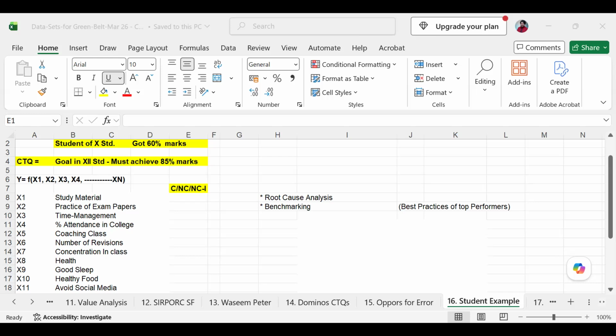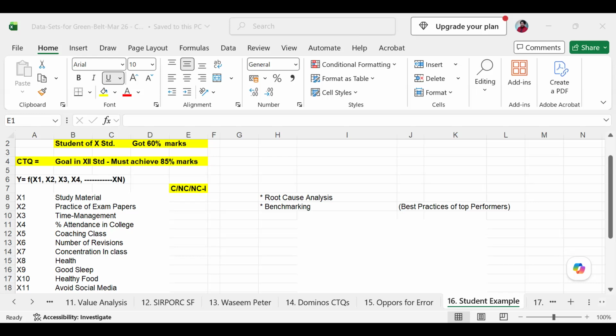A simple example would be a person has to reduce his weight. Let us say present weight is 90 kg and he has to reduce 15 kg. So CTQ is reduce 15 kg. Why this is a CTQ?